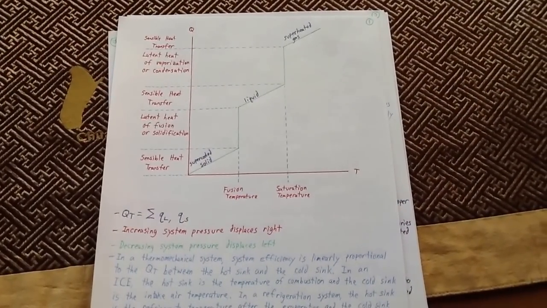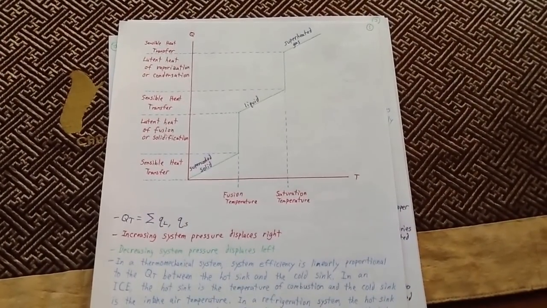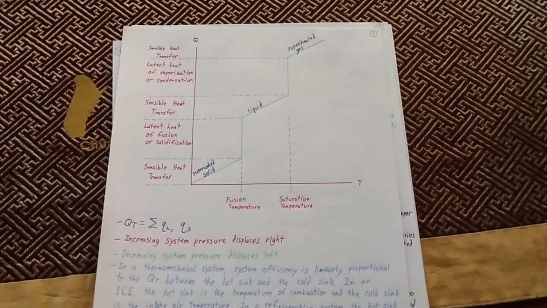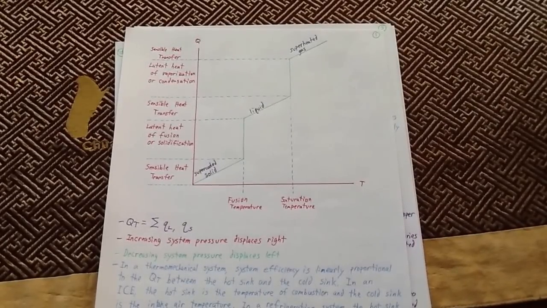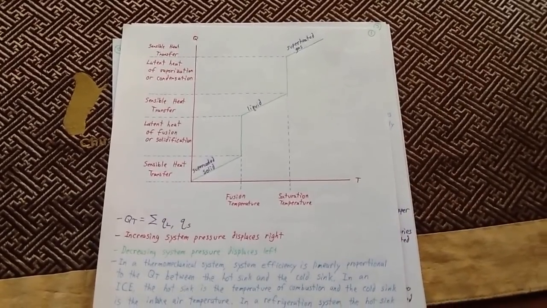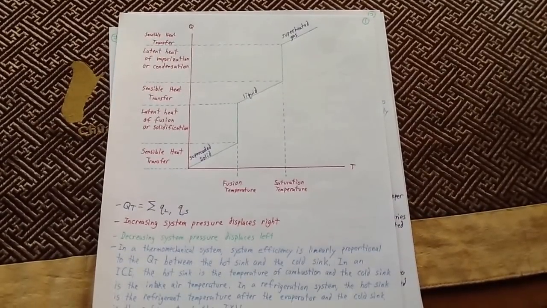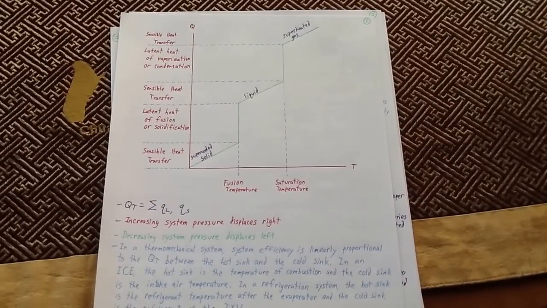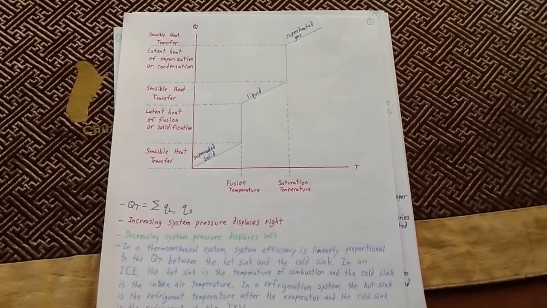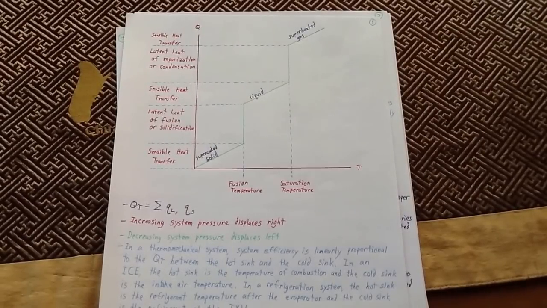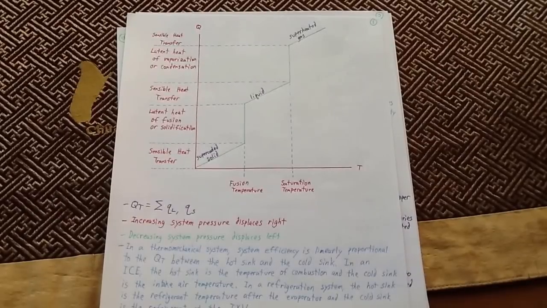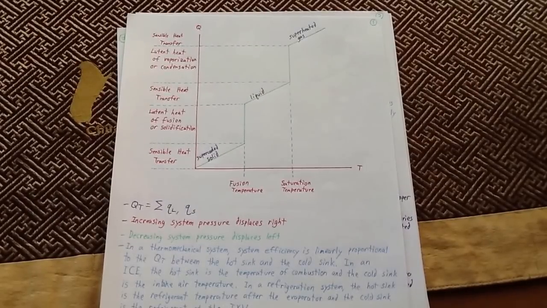Now, something that's kind of important to note about fusion temperature and saturation temperature is that it's affected by pressure. So let's say, for instance, you're cooking something on your stove and you're using a pressure cooker. You put water in it, you seal the lid on it, put it on the stove, and as you heat it up, because it's a compressed space, it doesn't allow the molecules to expand.